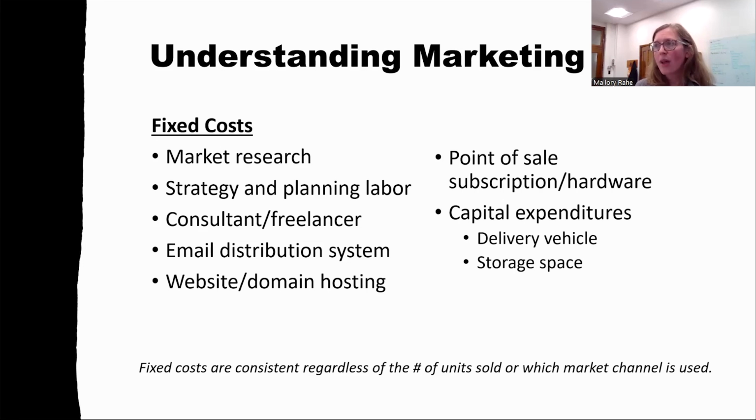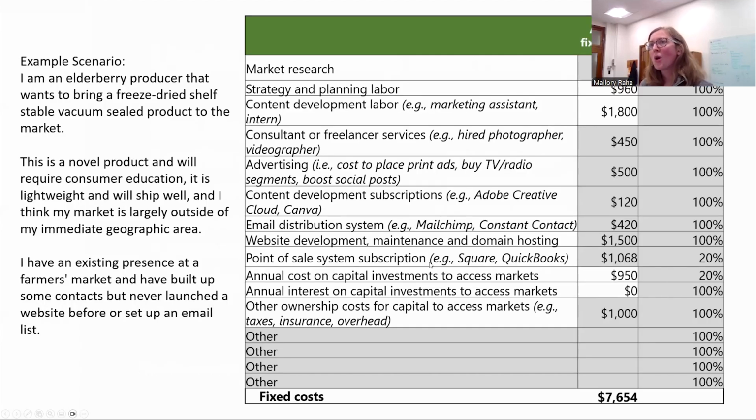And then, of course, we also have our delivery vehicle, storage space, and the point of sale subscription or the hardware, which is separate from the transaction fees. So here's more details on my scenario and how I went through this exercise in the hypothetical.